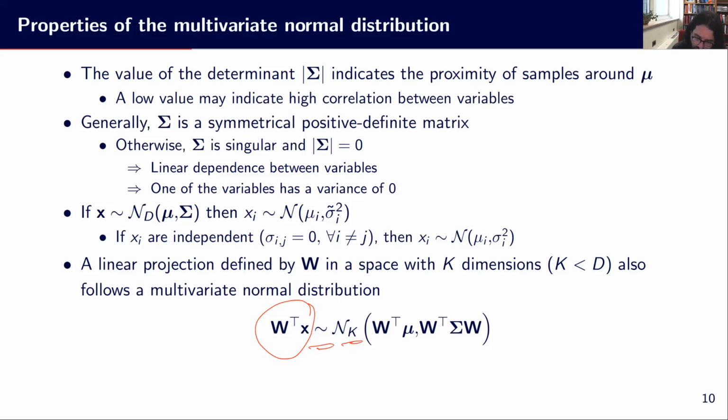This normal distribution is characterized by a mean vector of W transpose mu. So it's applying the linear projection on the mean vector directly to get the new mean vector in the new space. And the covariance is basically W transpose sigma W, which is giving us the new covariance matrix in that k-dimensional space.